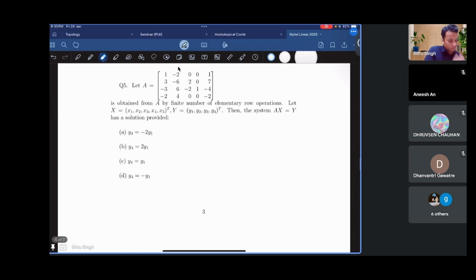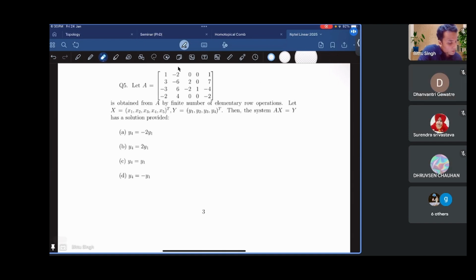Okay, let us solve question number 5. The question is: A equals this, x equals this, and y equals this column matrix y1, y2, y3, y4.